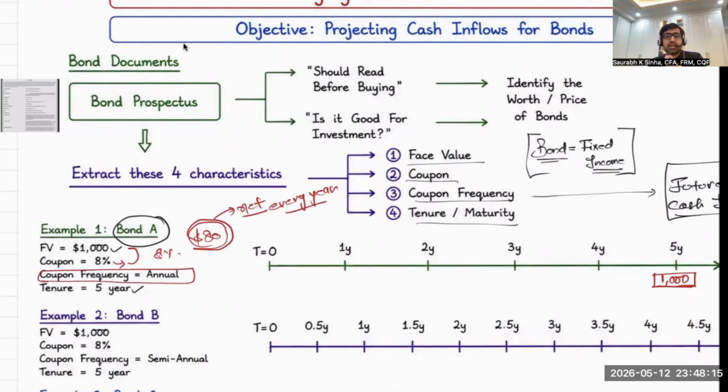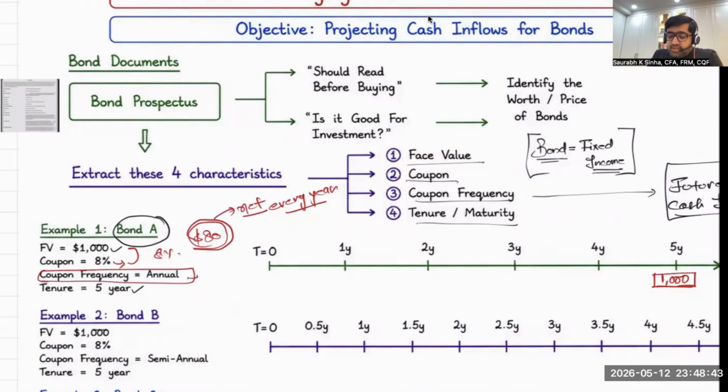When I'll receive that, you will get that information from the coupon frequency. But in total, you're going to be receiving $80 every year. When, we don't know; for that we have to look into coupon frequency, but in total you will receive 80. So you'll receive 80, 80, 80, 80, 80 every year, and the maturity is 5 years, so you'll receive it 5 times.